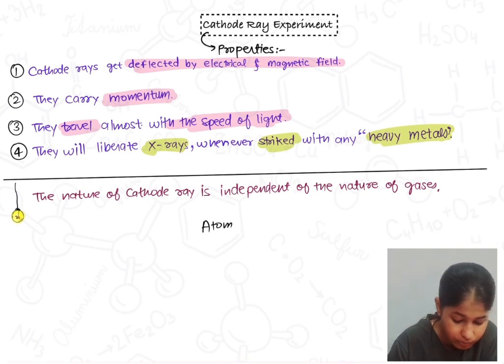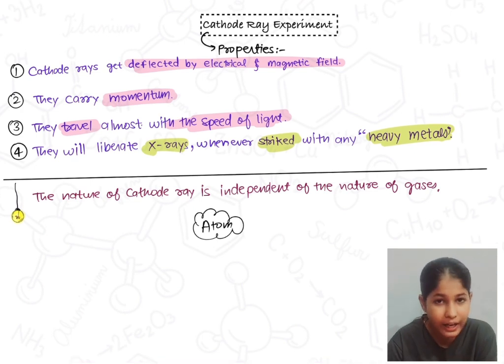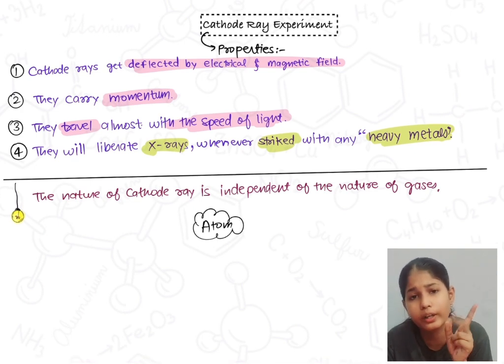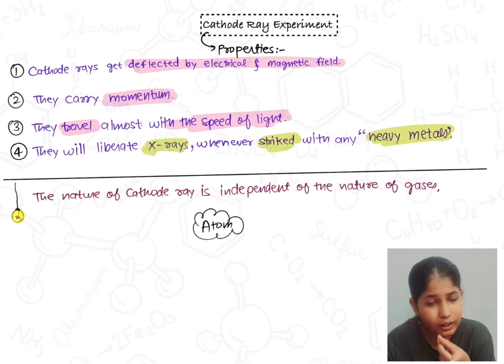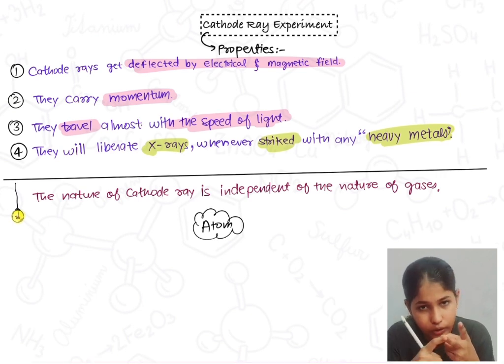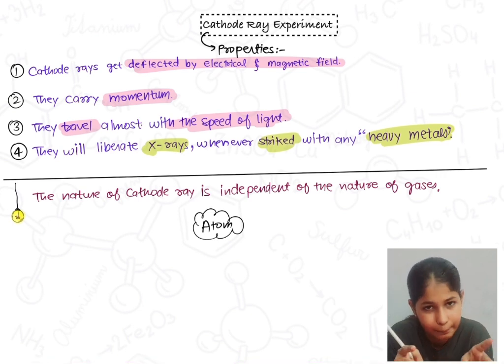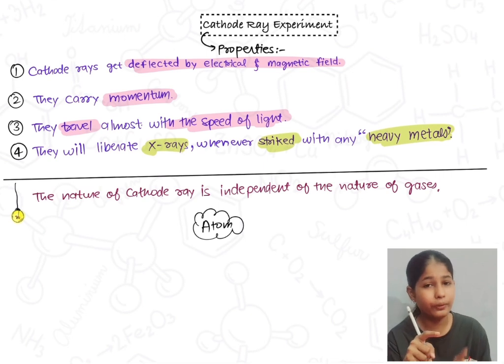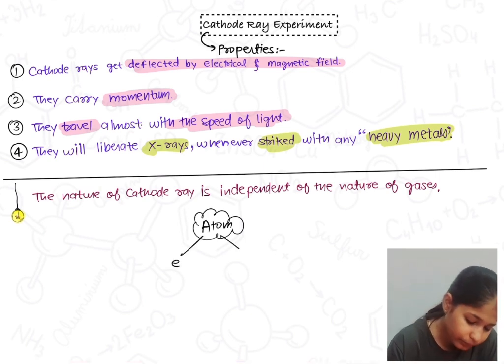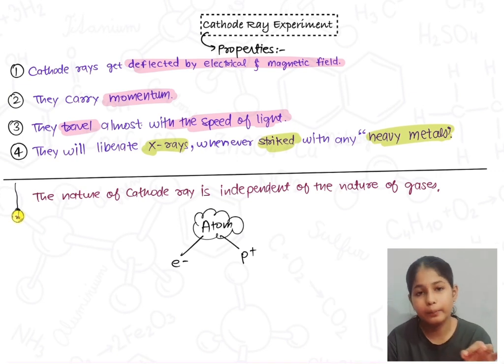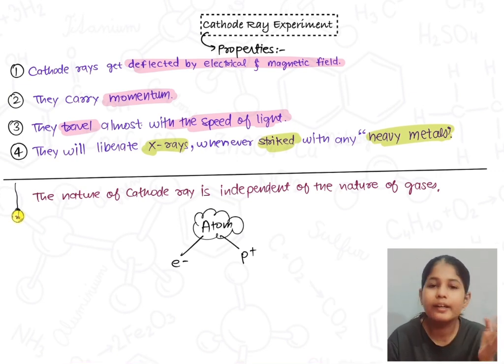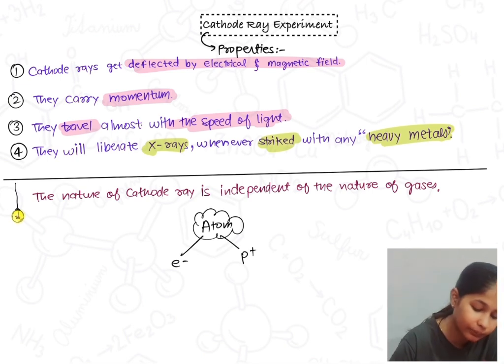Today we know that each atom, whichever element it is of, has its own electrons and its own protons. We haven't completed the proton yet, so I'm not talking about protons. As you know, these cathode rays consist of electrons.